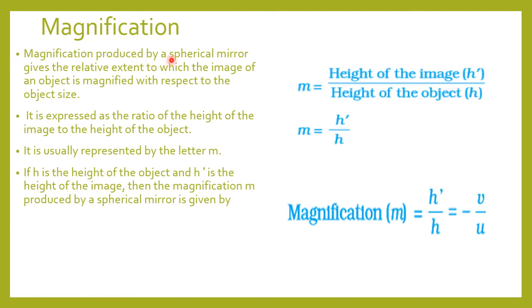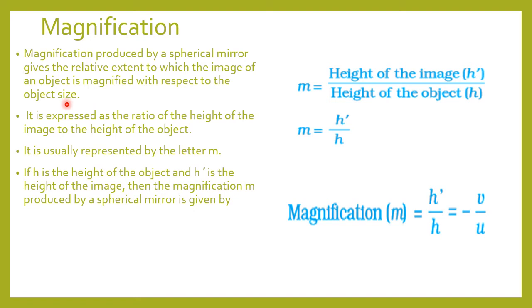Magnification produced by a spherical mirror gives the relative extent to which the image of an object is magnified. The extent to which the object can be seen bigger or smaller in the image, that is magnification with respect to the object size. So how big is the image as compared to the object?